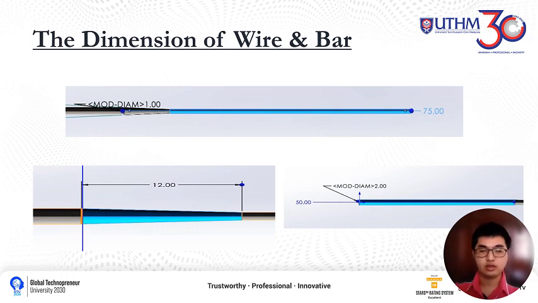Here on the screen is the model of one of the wire models, where a 2 mm diameter wire is reduced to 1 mm, and the reduction distance is 12 mm. The wire diameter is modeled through the extrude boss function in SolidWorks, while the reduction length is from the revolve function.